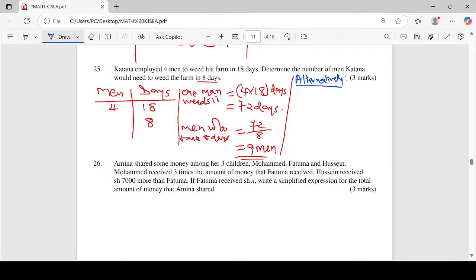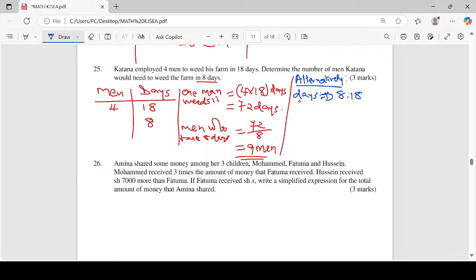Alternatively, the number of days has reduced in the ratio 8 is to 18.